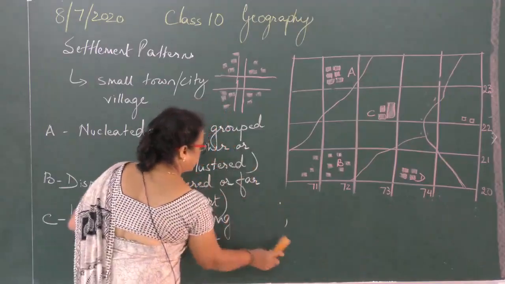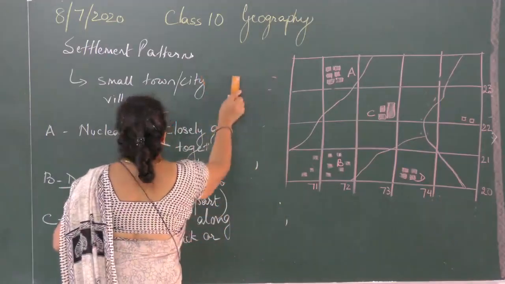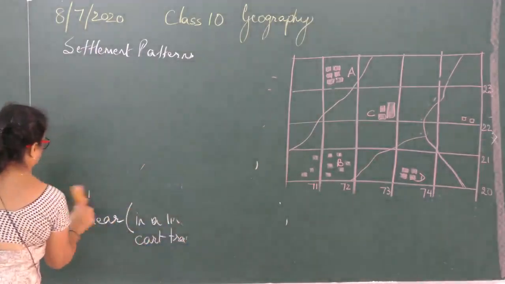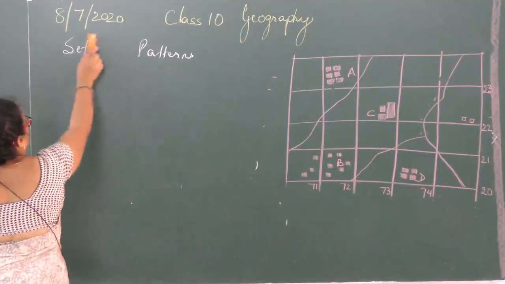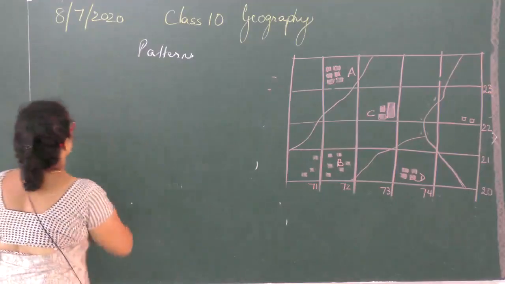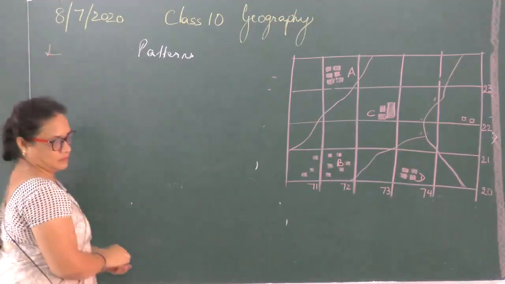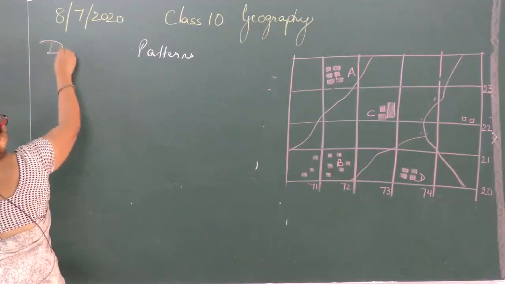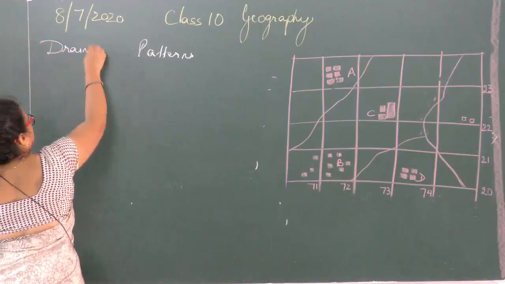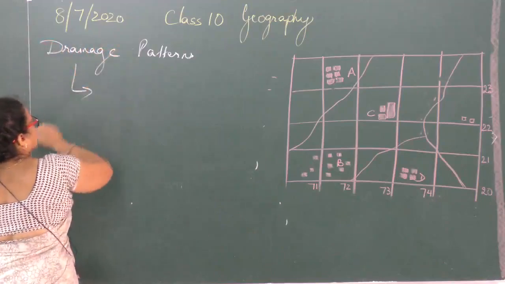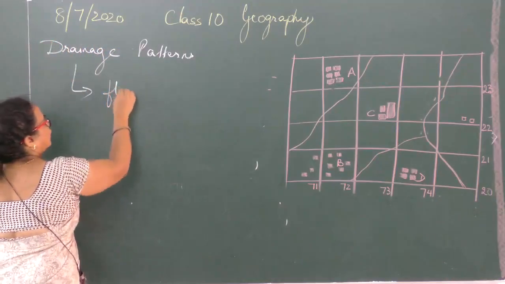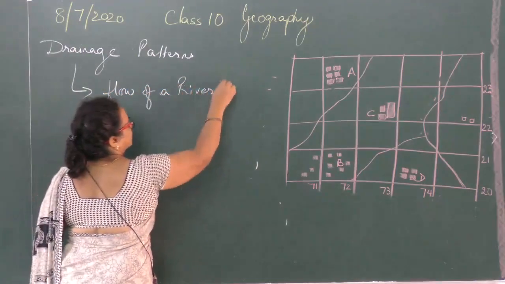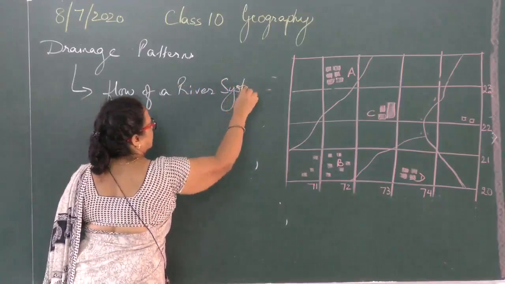Now we come to drainage patterns. Drainage, this is the flow of a river system is called drainage.